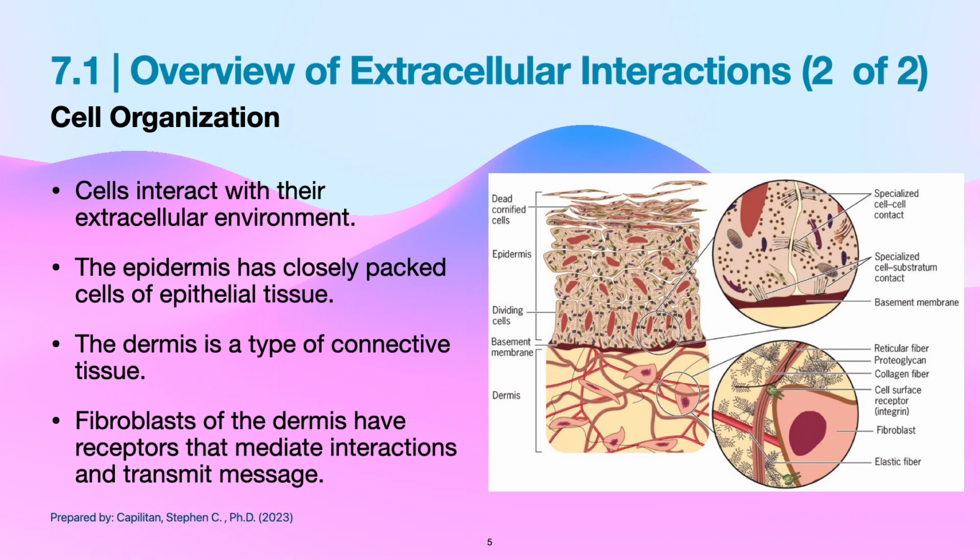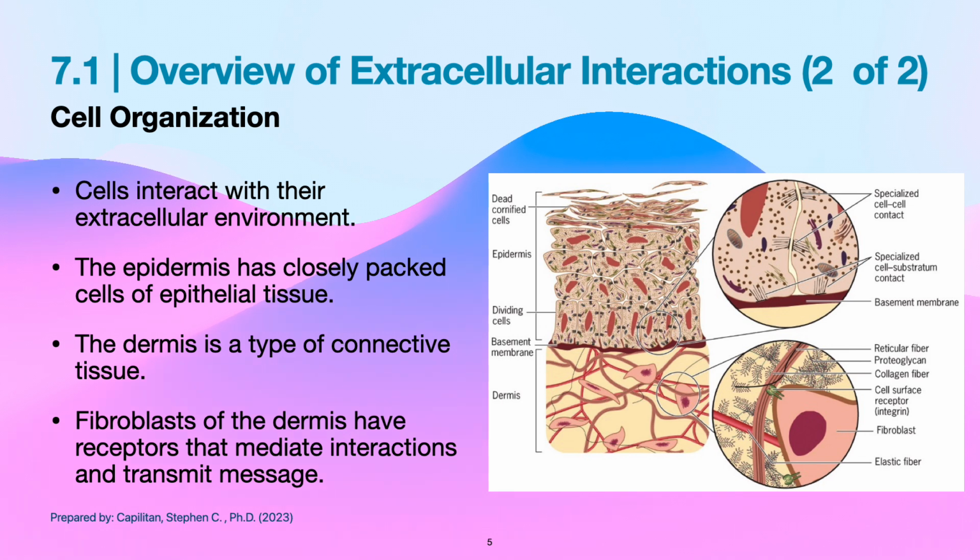Cells interact with their environment, the extracellular environment for instance. This particular figure shows you the overview of how cells are organized into tissues and how they interact with one another and with their extracellular environment. In this schematic diagram of a section of human skin, the cells of the epidermis are seen to adhere to one another by specialized contacts.